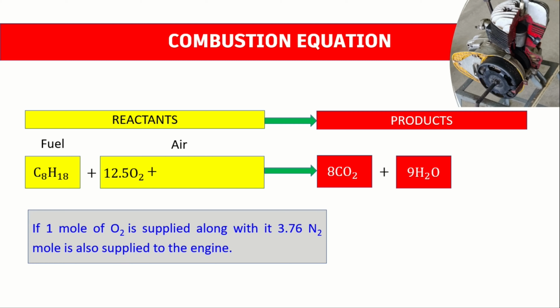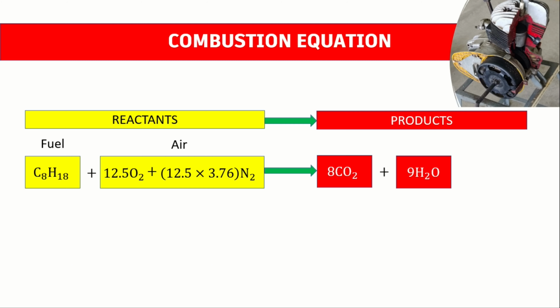If I supply 1 mole of oxygen, 3.76 moles of nitrogen is supplied to the engine. Here we are supplying 12.5 moles of oxygen, therefore we will be additionally sending 12.5 into 3.76 moles of nitrogen into the engine cylinder. The air we are sending in is 12.5 O2 plus 12.5 into 3.76 N2.